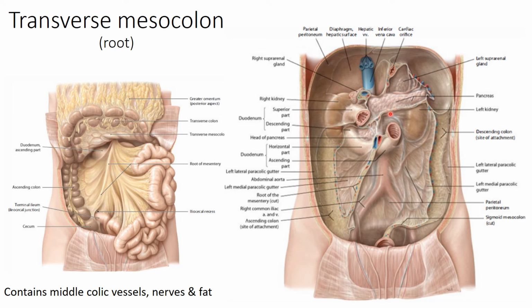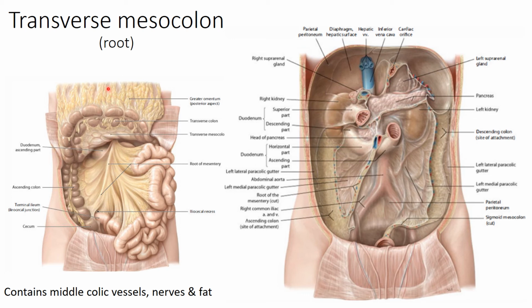Now from here, this bilayered fold passes onto the posterior surface of the transverse colon and invests it completely. That's why this portion is a mobile one. Here, this superior layer is in continuity with the posterior layer of the greater omentum, as shown here.